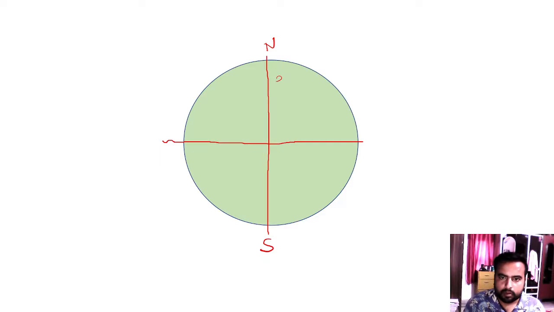This is P, and the southern pole will not be seen because it is down below the rational horizon of the observer, and this point is Z, that is the zenith of the observer, and this is the equator.